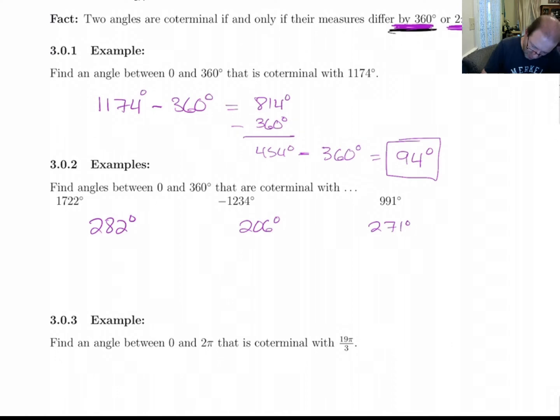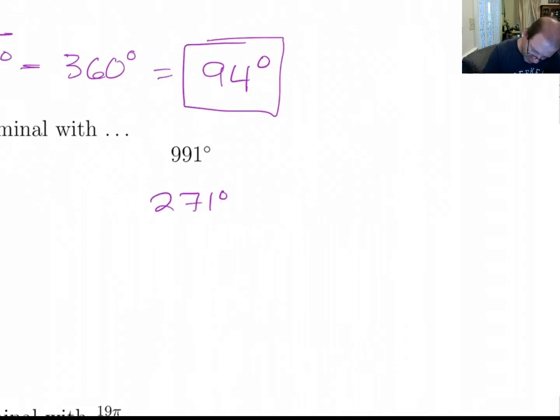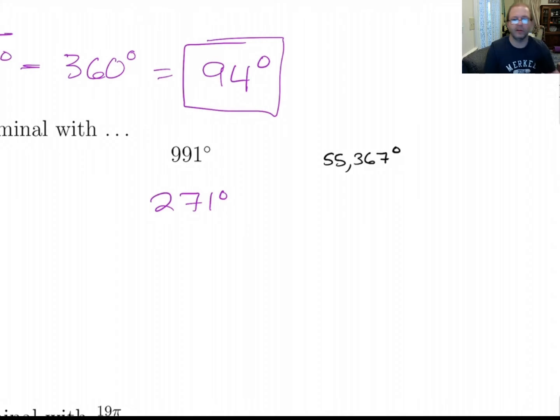Now, I want to do one more example. Let's say you had something that was crazy big. Say somebody gave you 55,367 degrees. I don't know why an angle that big would come up, but let's say you had that and you wanted to convert it to something between 0 and 360. Well, I'd start out with that number, 55,367. Instead of just subtracting 360 again and again, I'm going to subtract off 36,000.